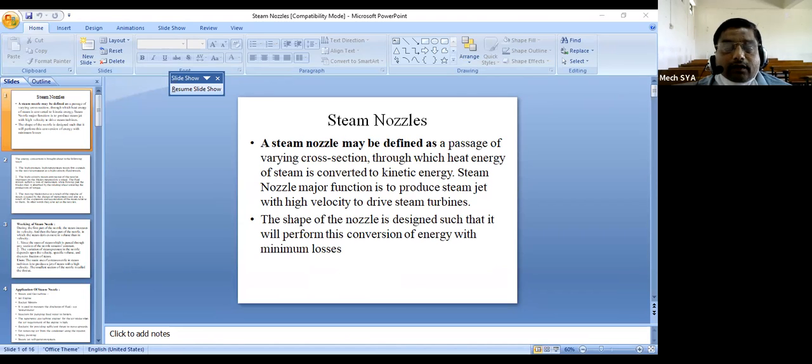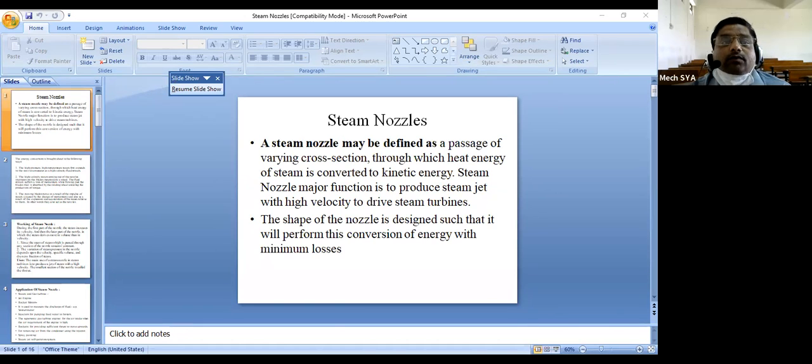The blade gets accelerated, and steam is retarded, meaning it is giving its momentum to the blade. The rate of change of momentum is nothing but the force exerted on the blade, and it displaces with some movement, and that force into perpendicular distance is nothing but torque. We are getting the torque from this particular turbine.